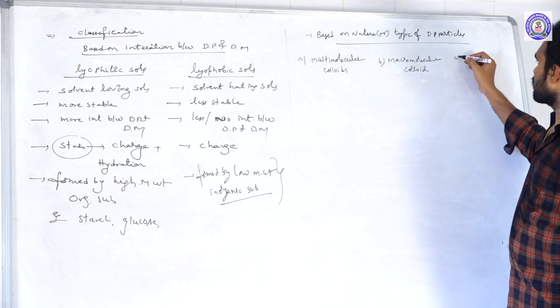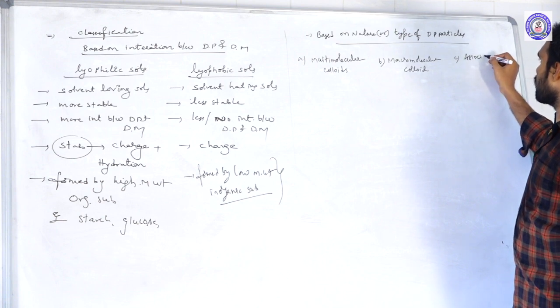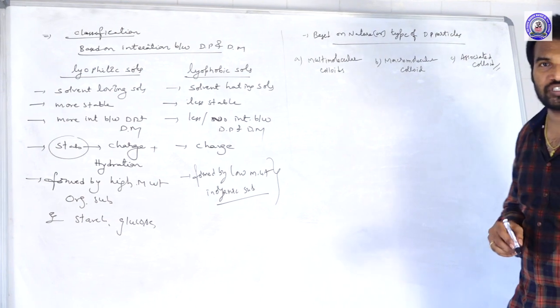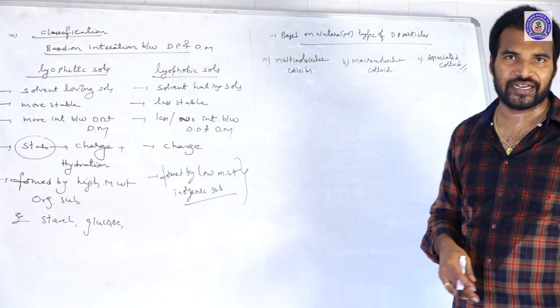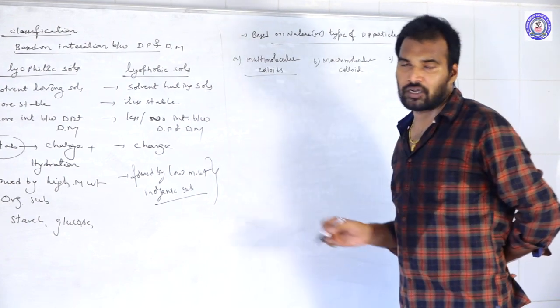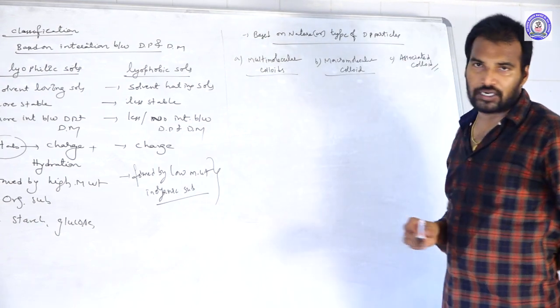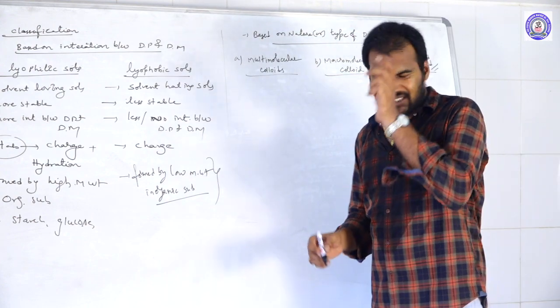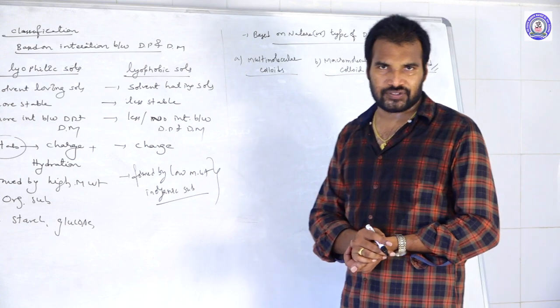The third one is associated colloids. Three types of colloids based upon the nature and the type of the dispersed phase particle: multi-molecular colloid, macromolecular colloid, and the third one, associated colloid. What is this multi-molecular colloid?